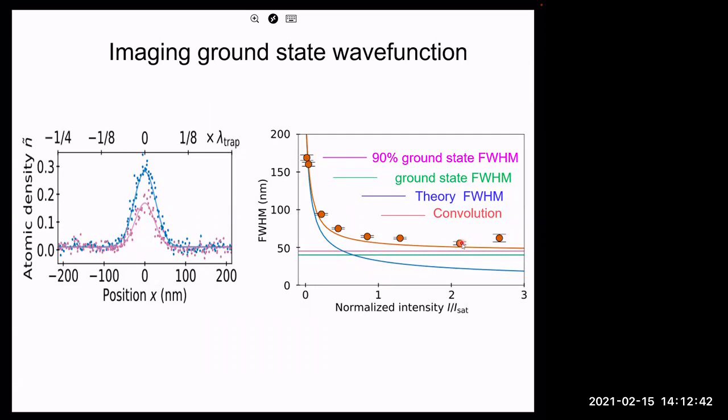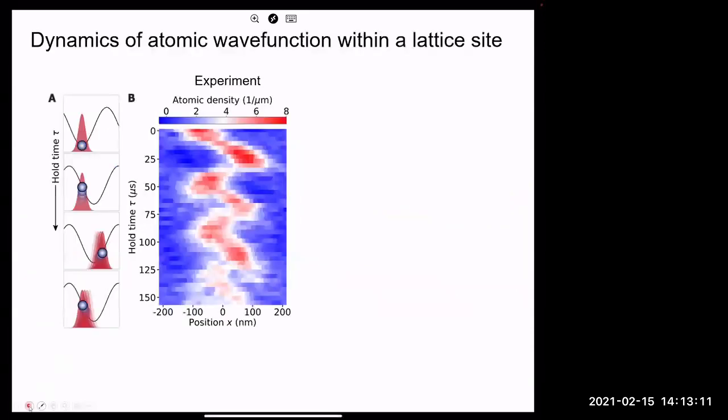If you want to show that we have an even higher resolution, we will need to do some math to deconvolute the wave function size and our image resolution. Essentially that means that we need to go to smaller features in order to prove that we have an even higher resolution. But nonetheless, I think right here it shows that we can get down to tens of nanometer.